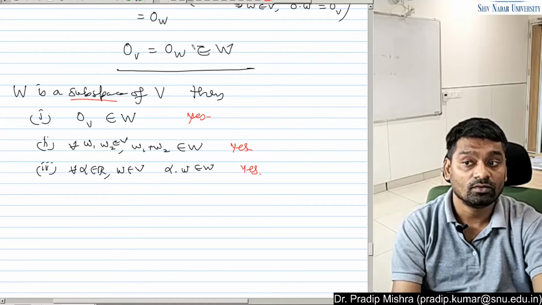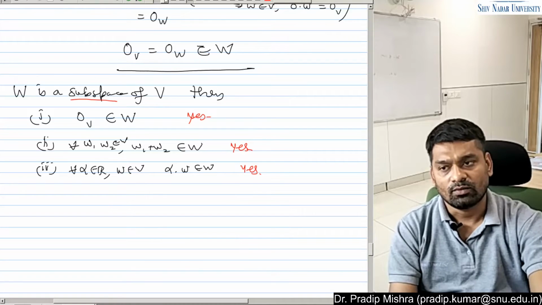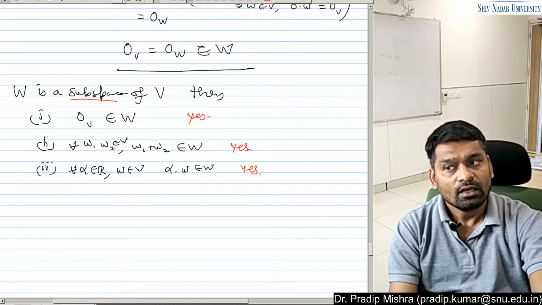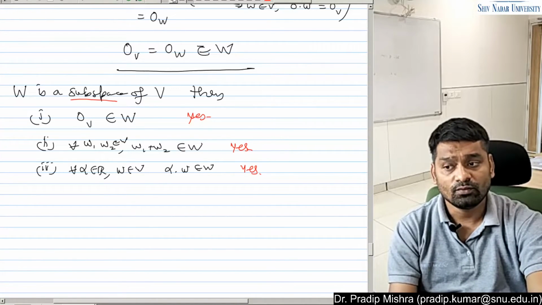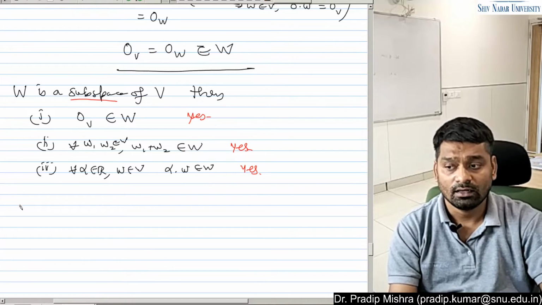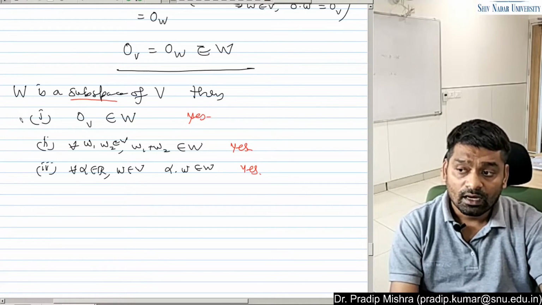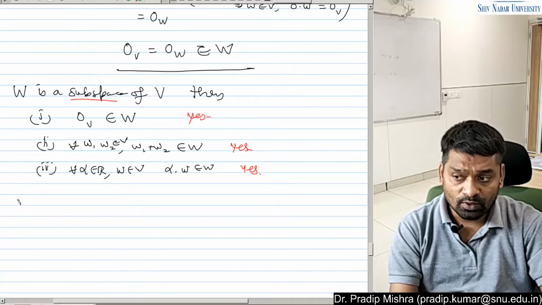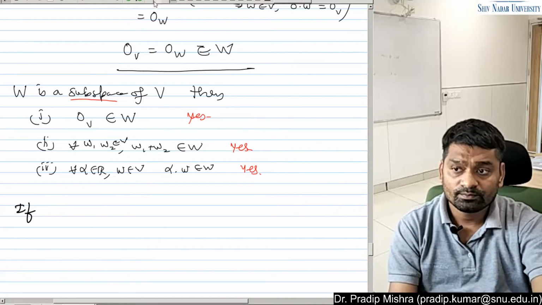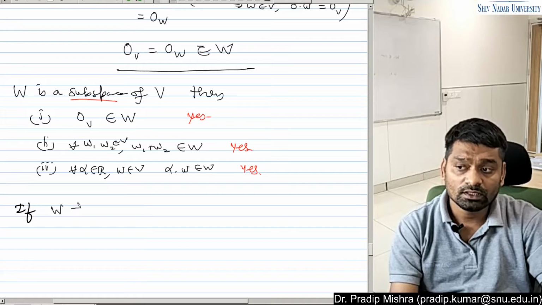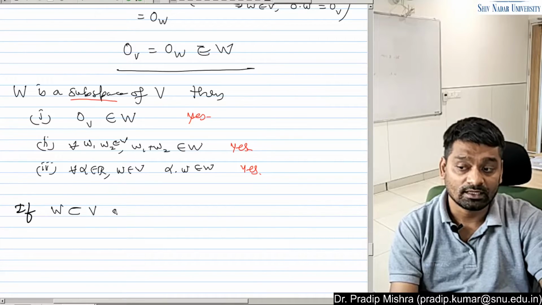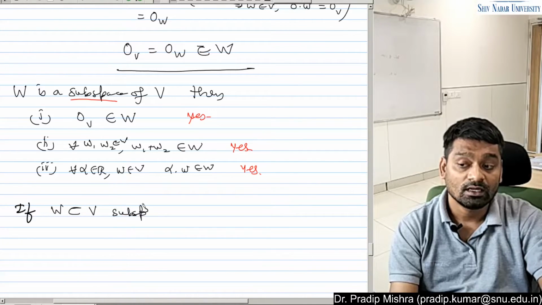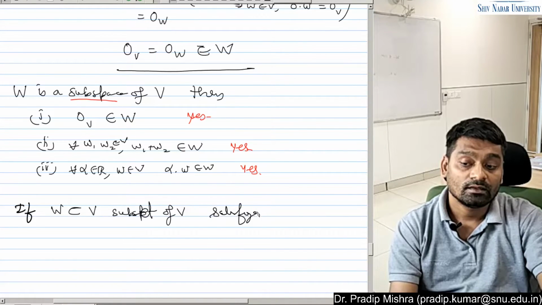0V belongs to W. I may ask it the other way. If W is a subset of V, we are not starting from subspace, a subset of V satisfying the above 1, 2, 3.